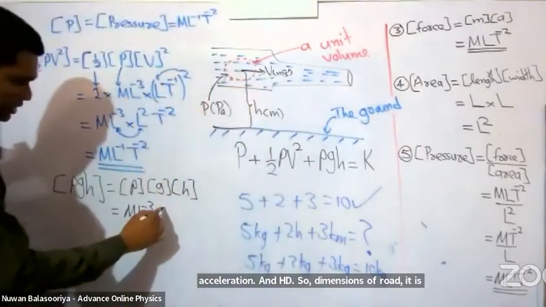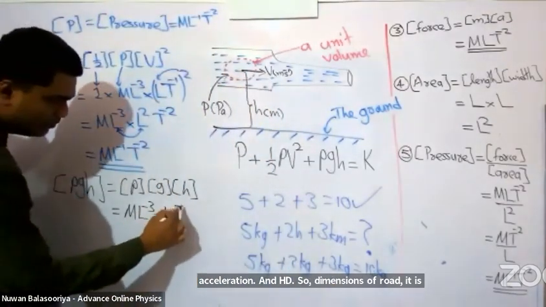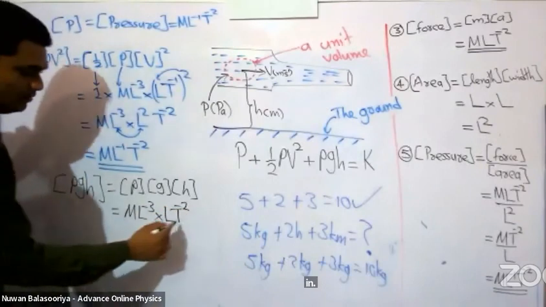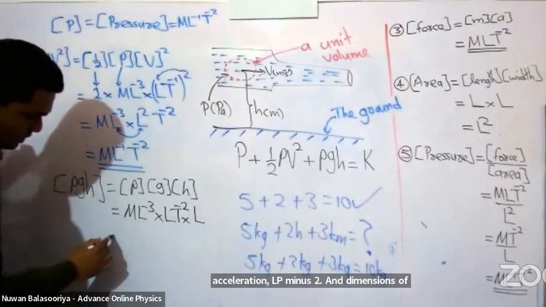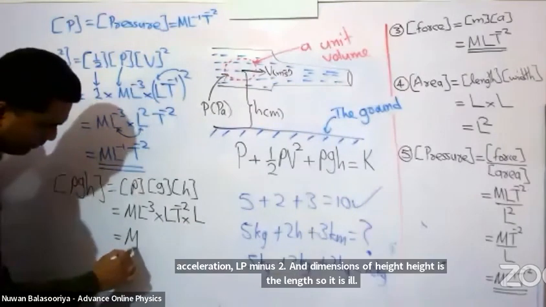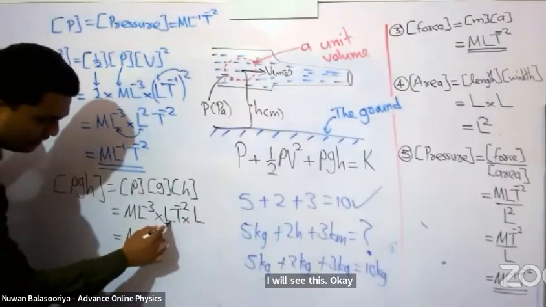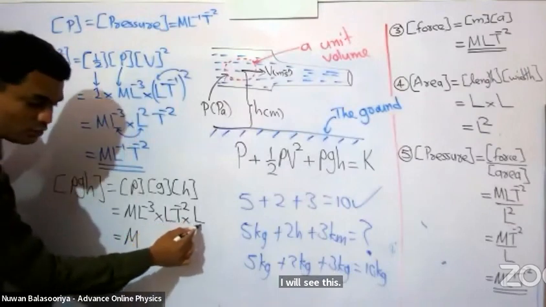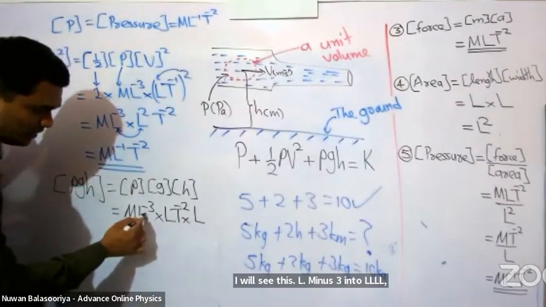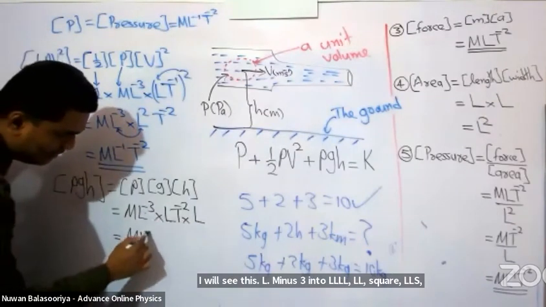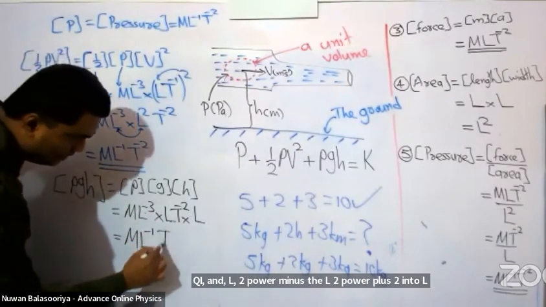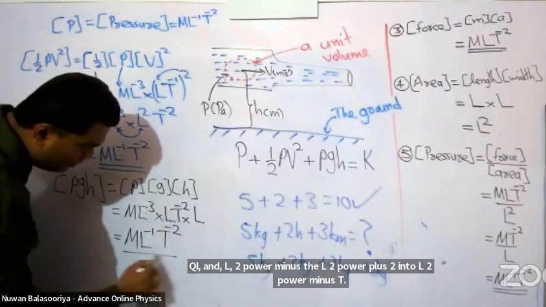Dimensions of acceleration, LT minus 2. And dimensions of height is length, so it is L. Now you see this, M L minus 3 into L T minus 2 into L, M L to power minus 3, L to power plus 2, into L to power minus 3, M L minus 1 T minus 2.